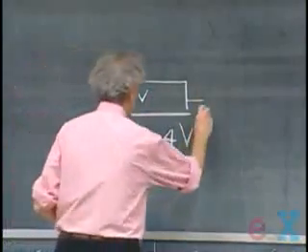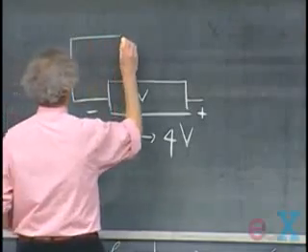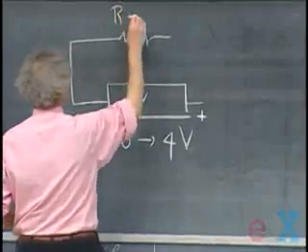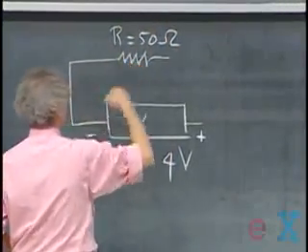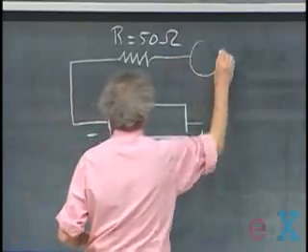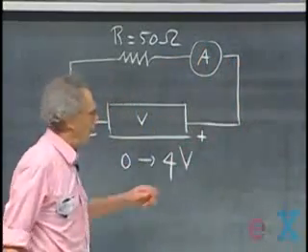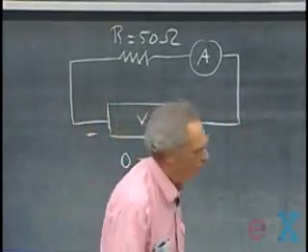This is the plus side. This is the minus side. I have connected it here to a resistor, which is 50 ohms. We use this symbol for a resistor. And here is a current meter. And the current meter has negligible resistance, so you can ignore that.